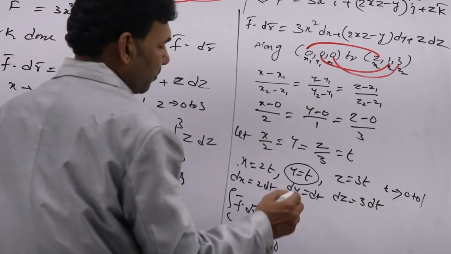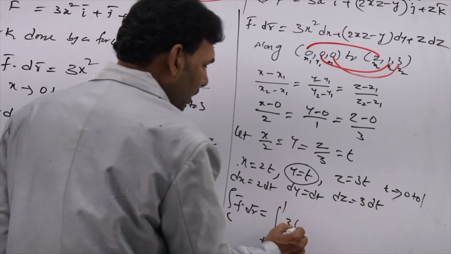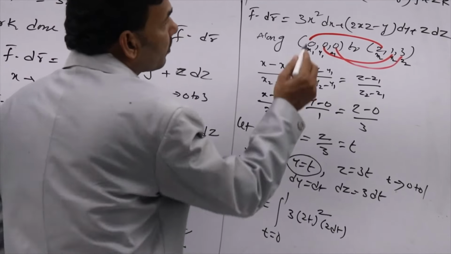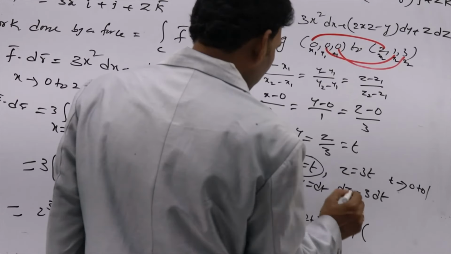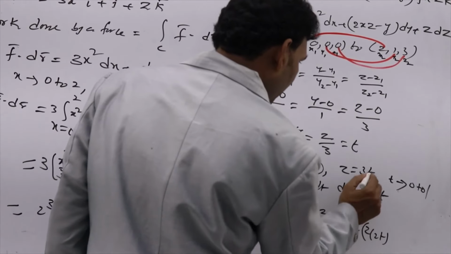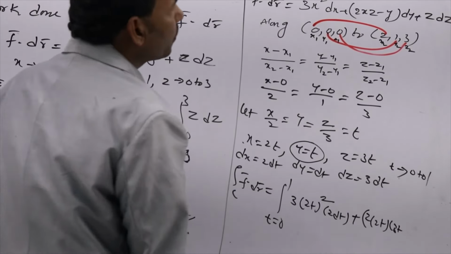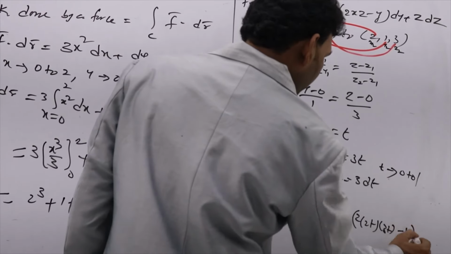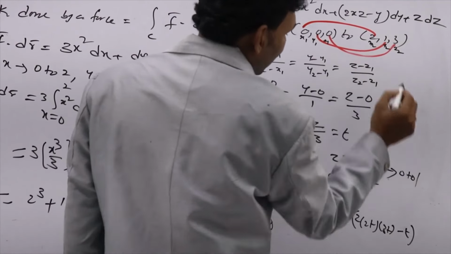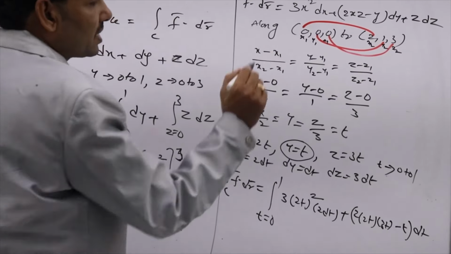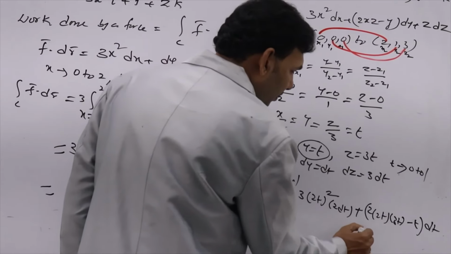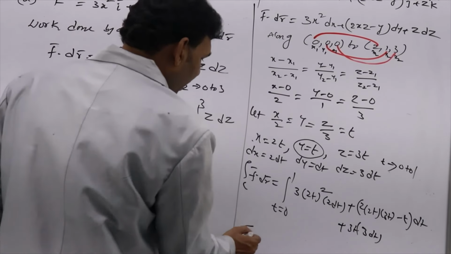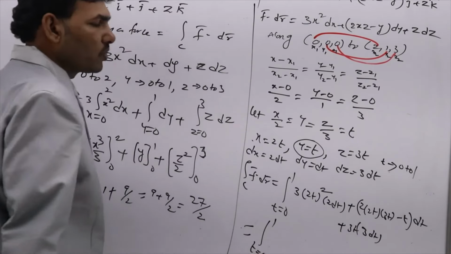So if you write, what you will get? 3x square dx: 3 into 2t whole square, dx is 2 dt, plus 2xz: 2 into 2t into z 3t, 2xz minus y is t, dy is dt, z dz: z is 3t, dz is 3 dt. So finally integral t equal to 0 to 1.